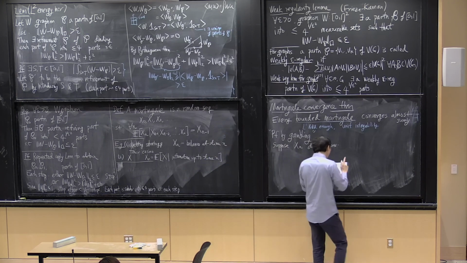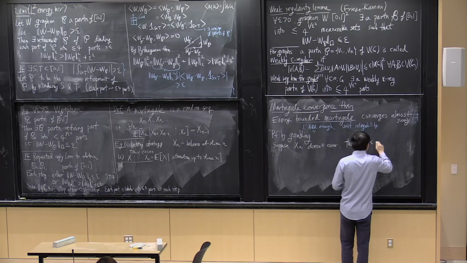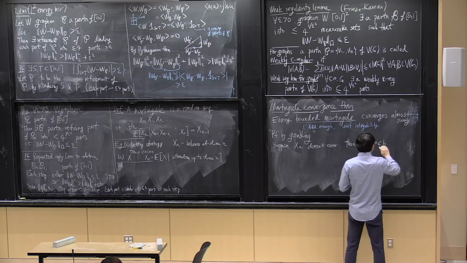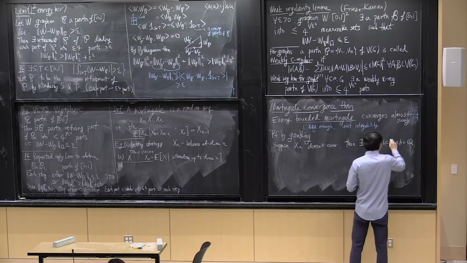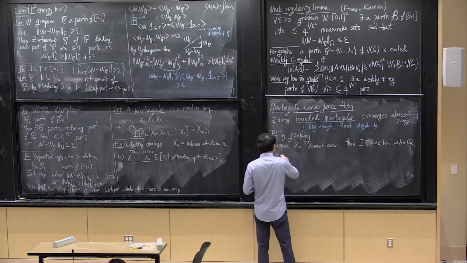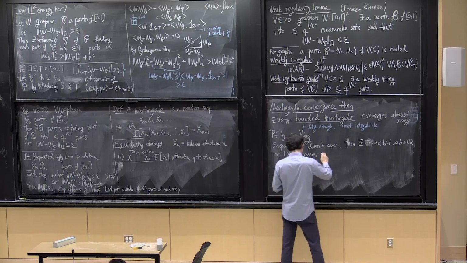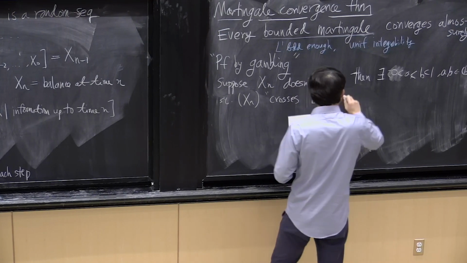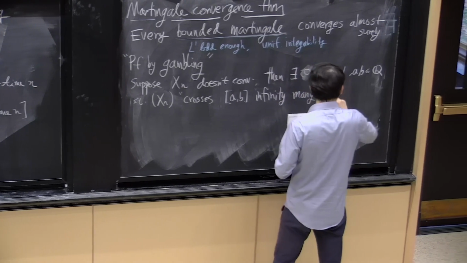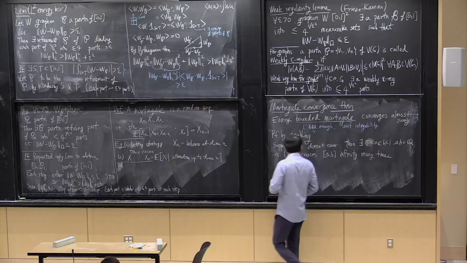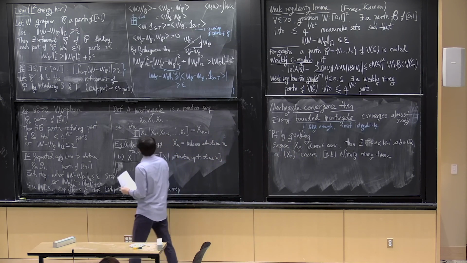Okay, so some specific realization, if it doesn't converge, then there exist a and b, both rational numbers between 0 and 1, such that the sequence crosses the interval ab infinitely many times. Okay. So by crossing this interval, what I mean is the following.